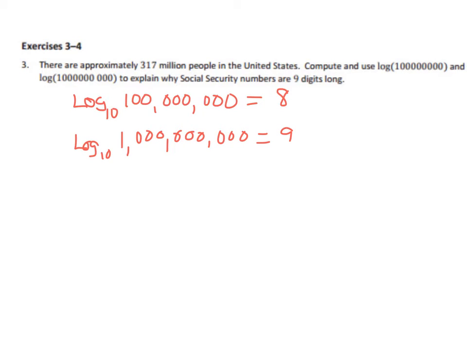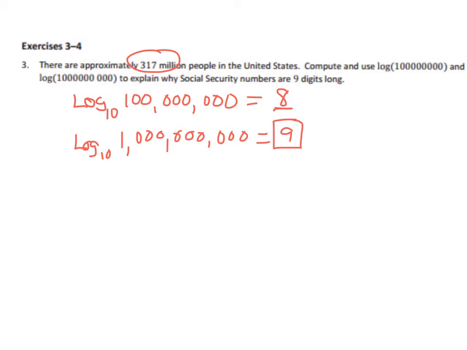So that's 9 digits to generate a billion numbers. So clearly, if we have 317 million people, log of a billion is going to be plenty enough. 9 digits is going to be what you need to cover it. 8's not enough.